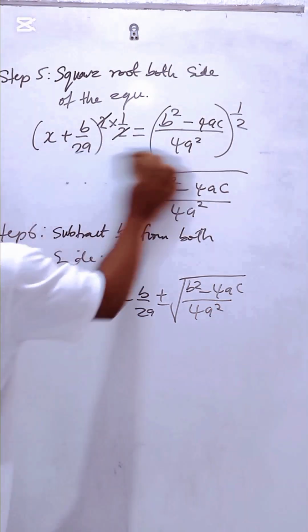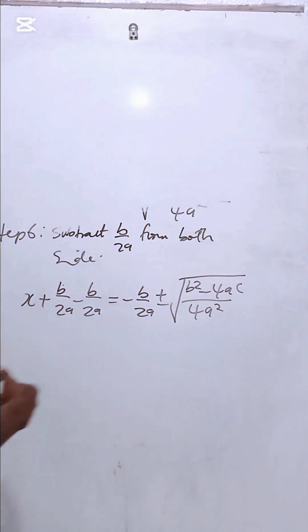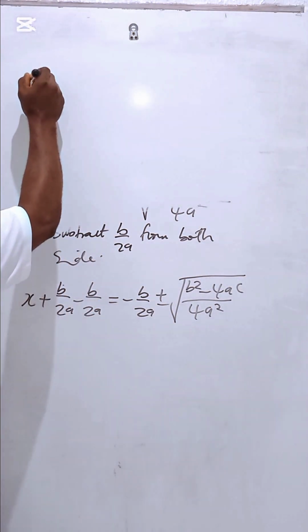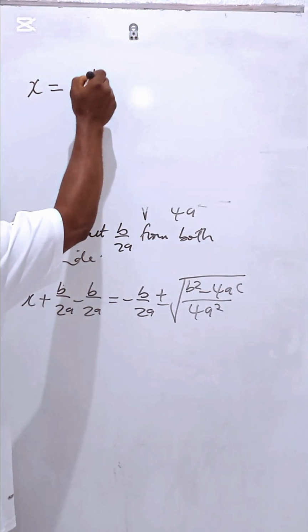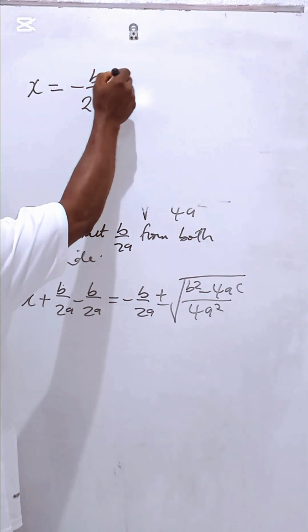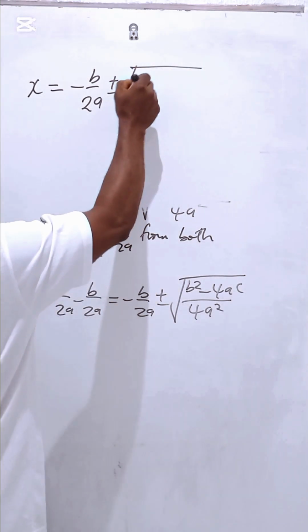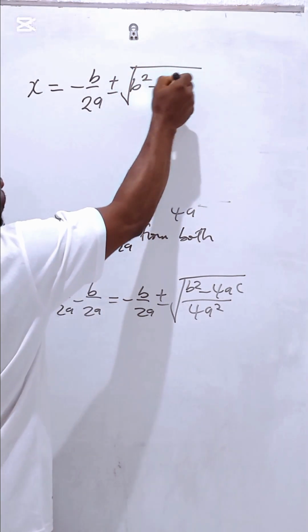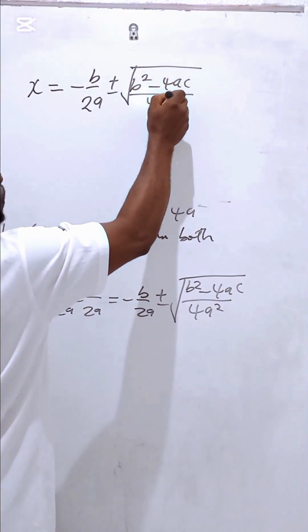This expression is the same thing as, b over 2a minus b over 2a is 0. Therefore, x is equal to minus b over 2a plus or minus the square root of b squared minus 4ac all over 4a squared.